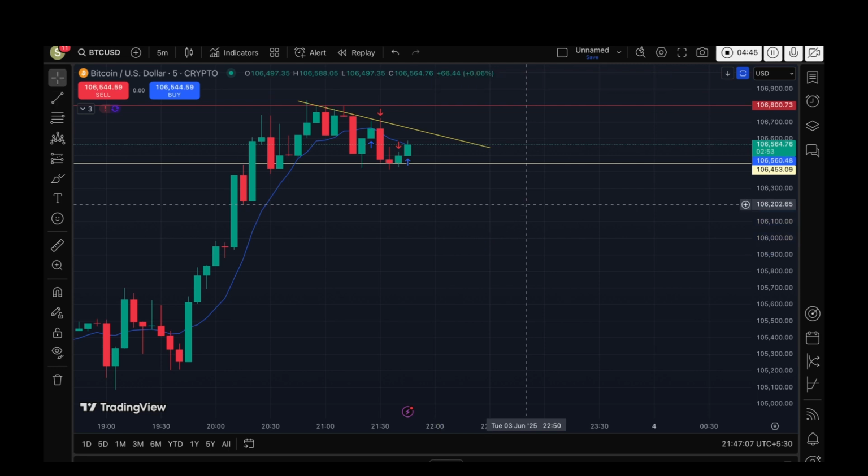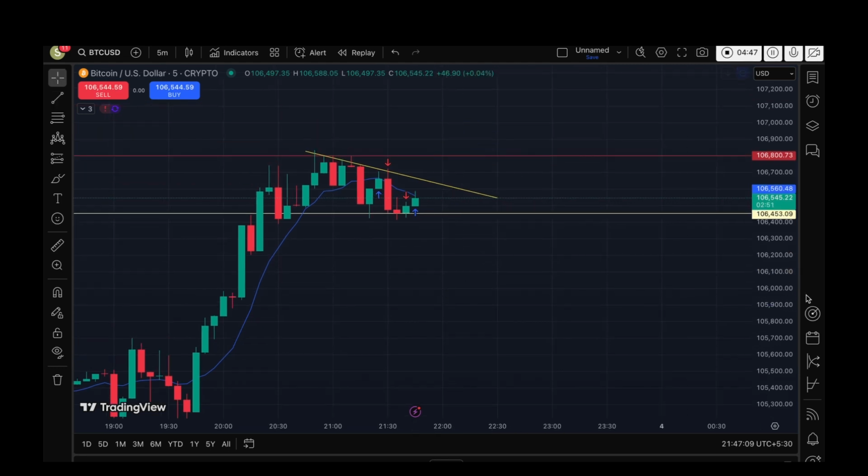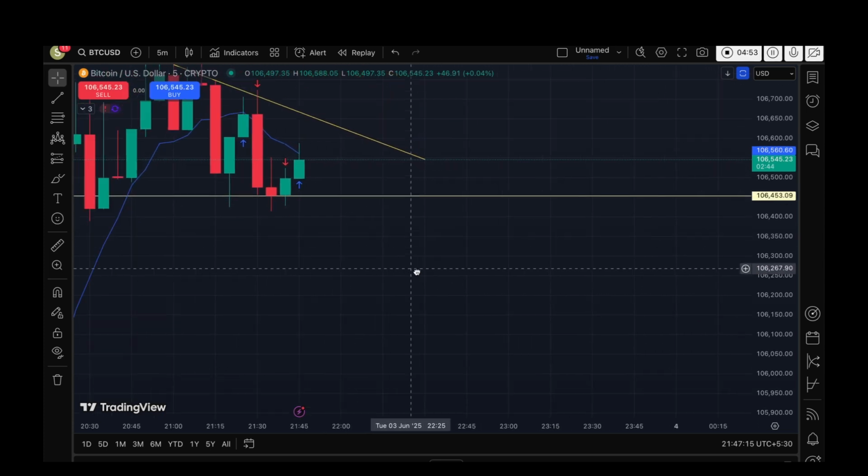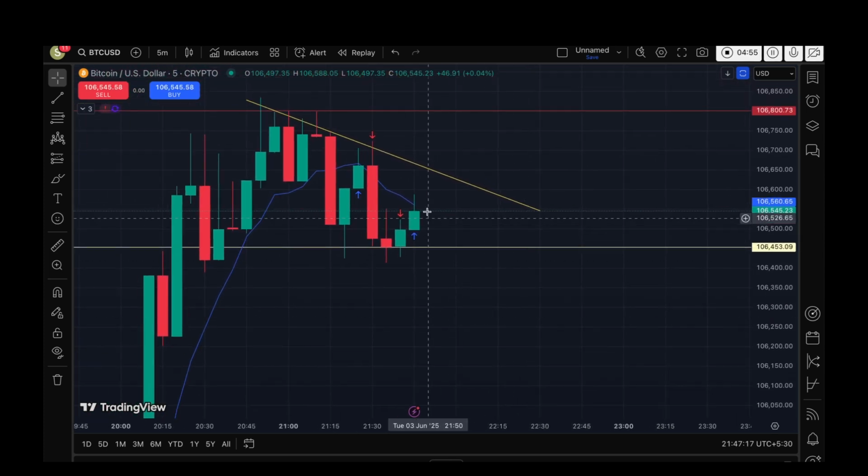I think we made a mistake. As we decided, if it crosses this trend line in the red, we should take the trade, and also here we decided if it crosses this area, we are going to trade. This mistake we made, we lost 1500.